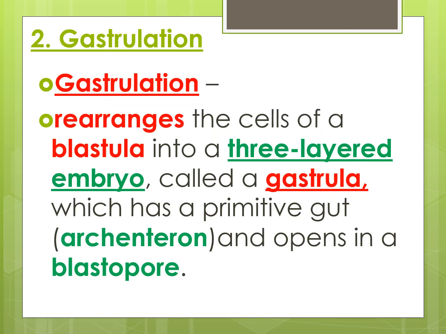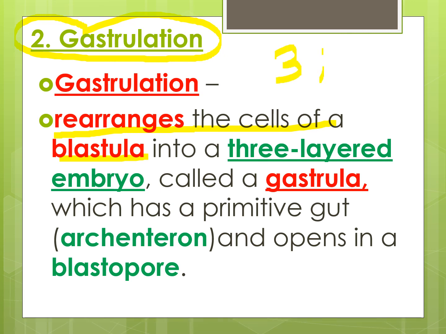Our next phase of embryonic development looks at gastrulation, and gastrulation is the rearrangement of the cells in your blastula, which can either be arranged into a 3 or into a 2-layer structure. If it's a 3-layer, it will be triploblastic, and if it's a 2-layer, it will be diploblastic.